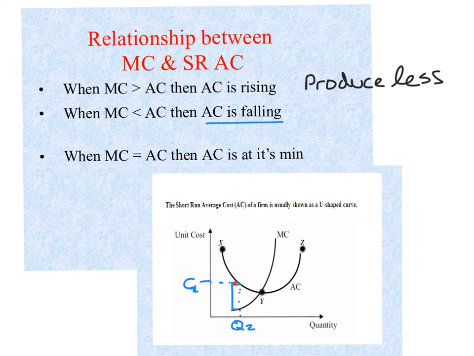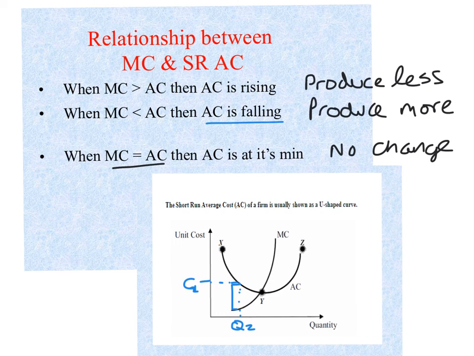If we're here on the average cost curve, I could produce Q3, which is my 10 cakes in my example, and my average cost would fall. So if marginal cost is less than average cost, average cost is falling, so produce more. And finally, when marginal cost is equal to average cost, average cost is at its minimum, so don't change. In our example, that would be your 10 cakes.